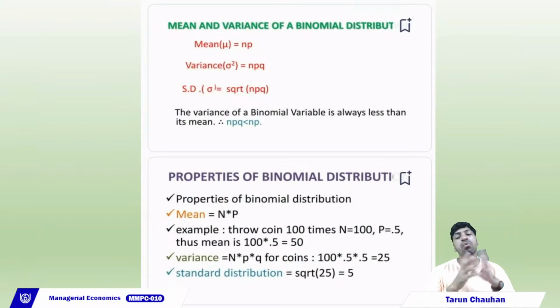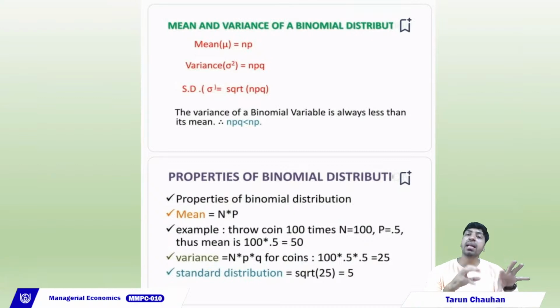That is, n is equal to 100, p is equal to 0.5. Then how do you calculate the mean? If the values have been given in the question, you can easily calculate the mean. Mean is equal to n into p, where n is 100 and p is 0.5. Once you multiply these two values, you can easily calculate the mean.